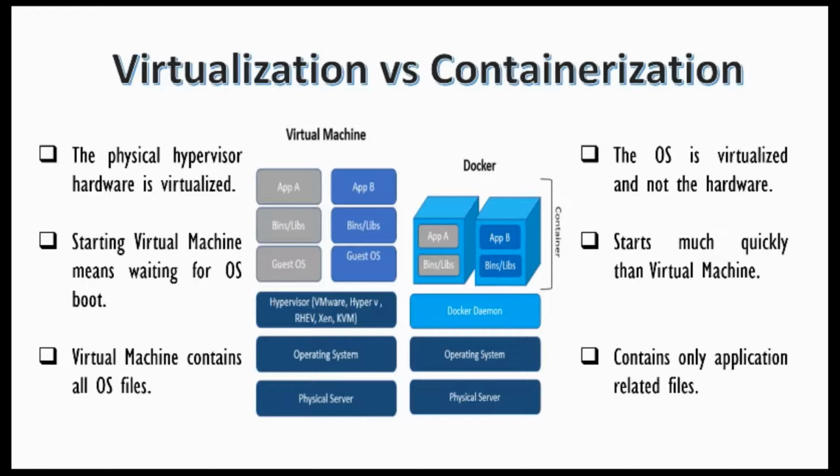That is not the case in Docker. No fixed resources are allocated for any container, because in containers the OS is virtualized and not the hardware, but in virtualization the hardware is virtualized and not the OS, and each VM has its own OS.